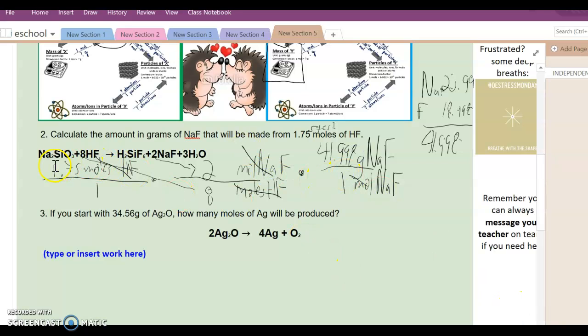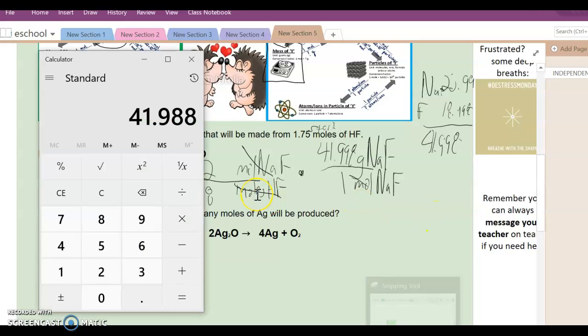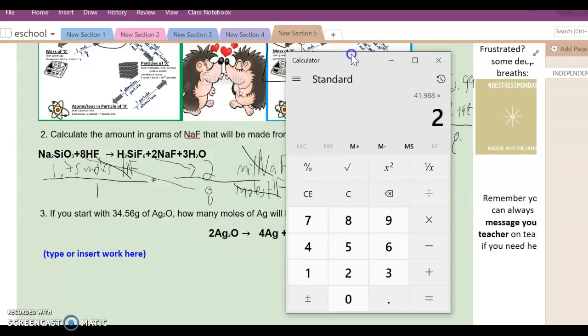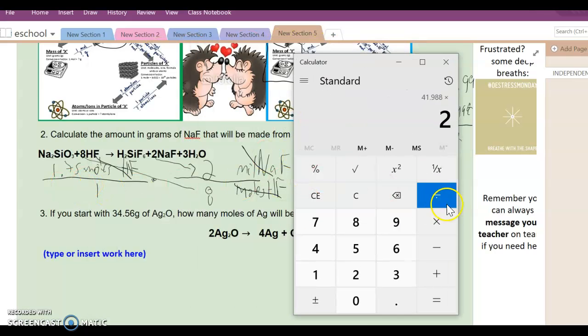So I have to do 1.75 times 2 times 41.998, divided by the entire bottom. So first, let's get the top part. 41.998 times this 2 right here, times 1.75. I'm going to write that number down.